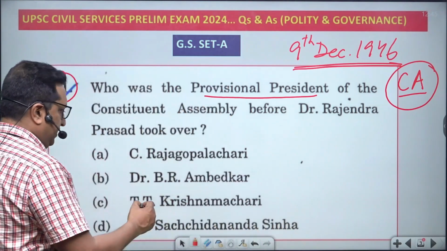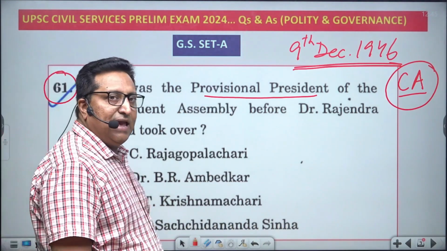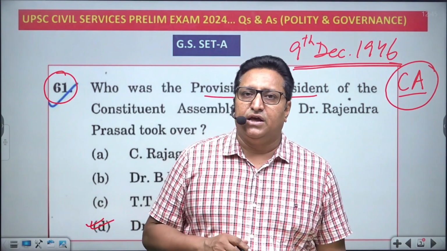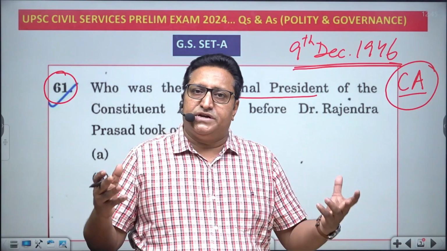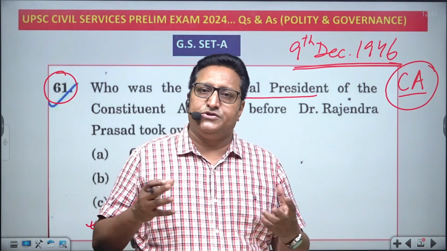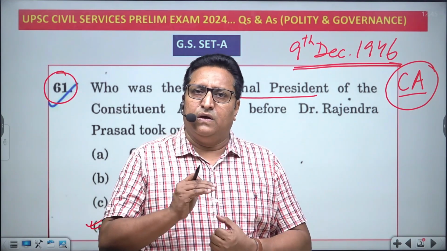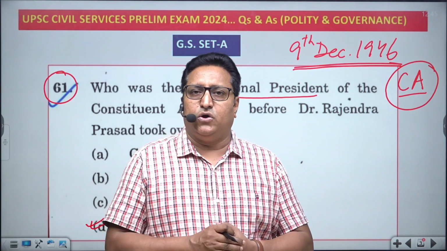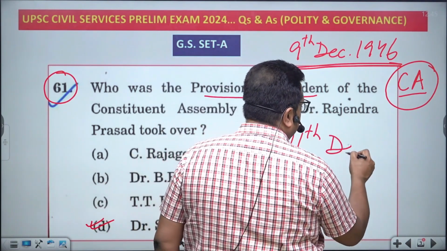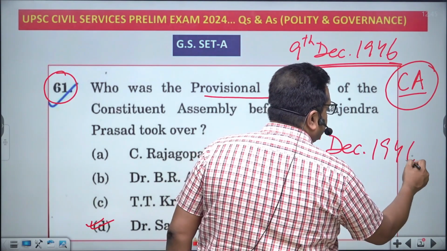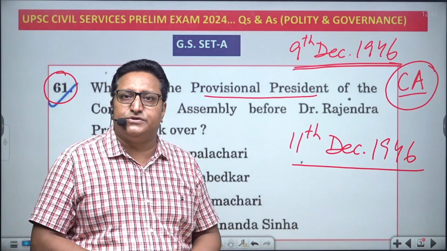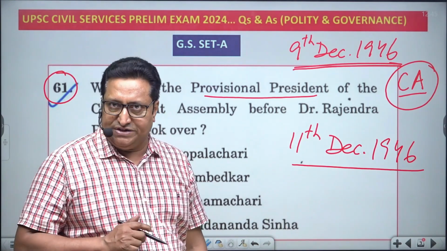On that day, Dr. Sachidanand Sinha was appointed by the Governor General as the provisional president of the Constituent Assembly. He administered the oath of office to the newly elected as well as nominated members. Then, 2 days after, on 11th December 1946, Dr. Rajendra Prasad was elected by the members from amongst themselves to be the President of the Constituent Assembly.